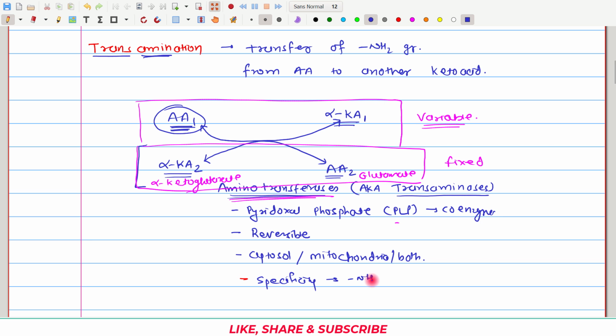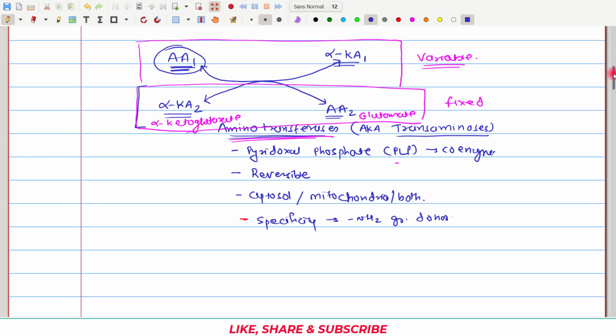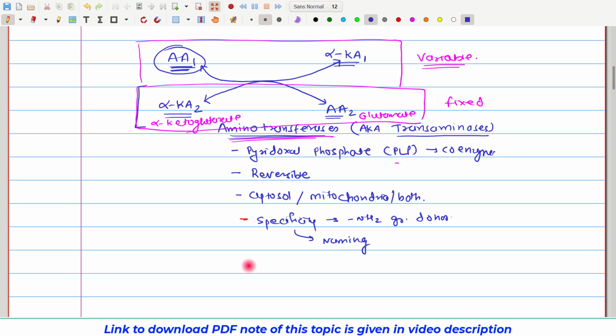So, specificity lies on this amino group donor. For example, if it is alanine, we call them alanine transaminase. If this is aspartate, we call them aspartate transaminases. So, based on the specificity, their naming is also given.